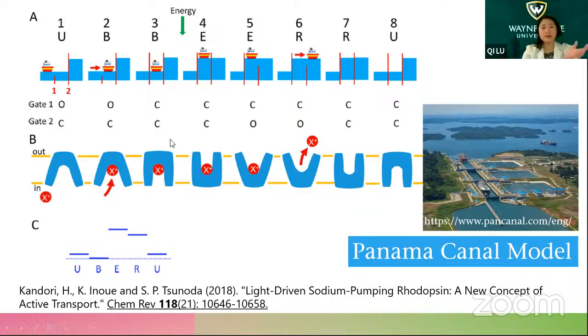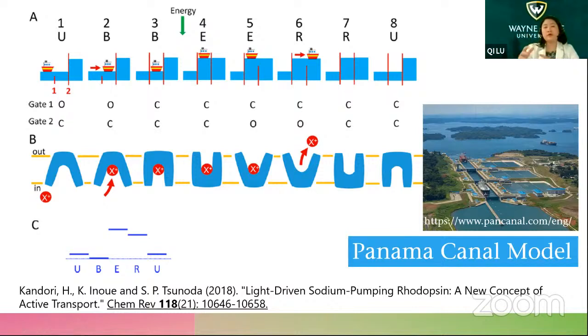Like for this state, it's the pumping out of some stuff. The default setting is that the intracellular part is open, then a conformation change switches it, and the open gate is the outside gate. So each pump has two doors.